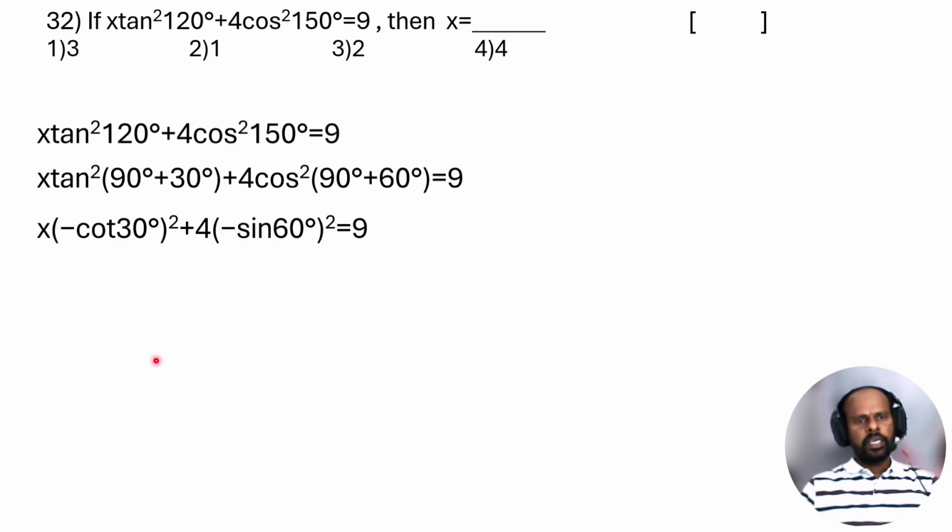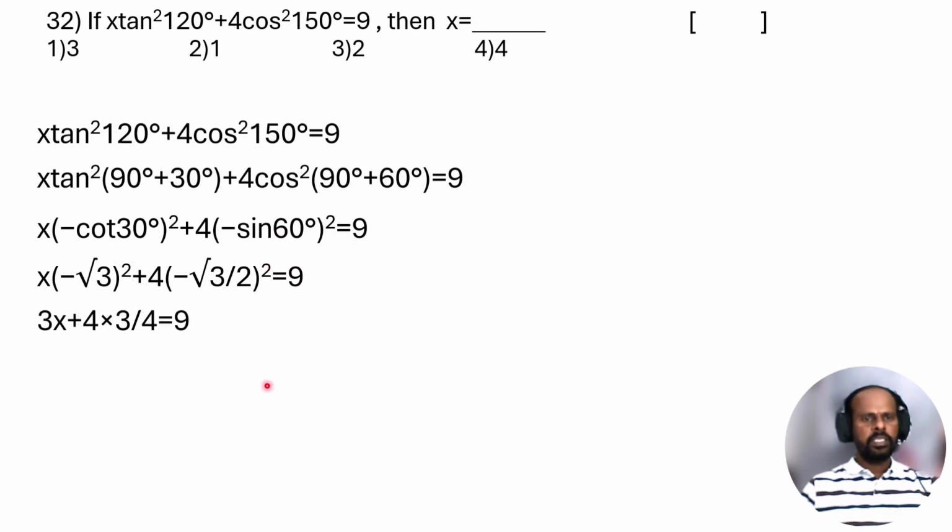And here let us substitute the values of both. Cot 30 equals root 3, that is written here. Sin 60 equals root 3 by 2, that is written here. Squares, writing as it is. And here minus square becomes positive, so we get 3, and this 3 and x becomes 3x, plus 4 as it is, into minus square which becomes positive, root 3 square is 3 and 2 square is 4.